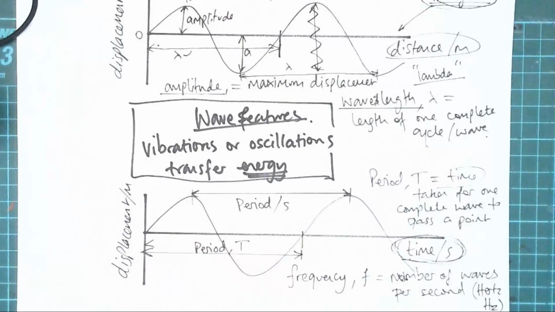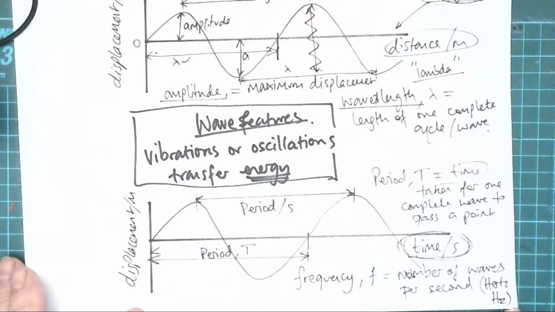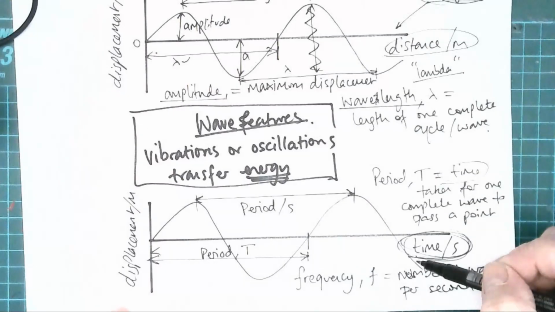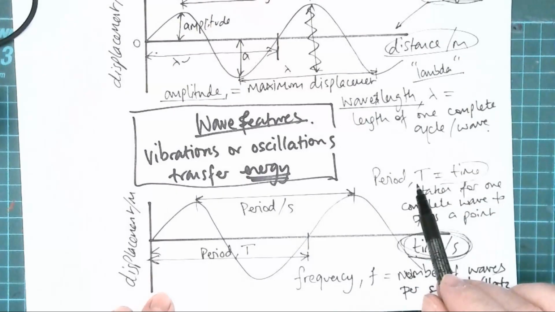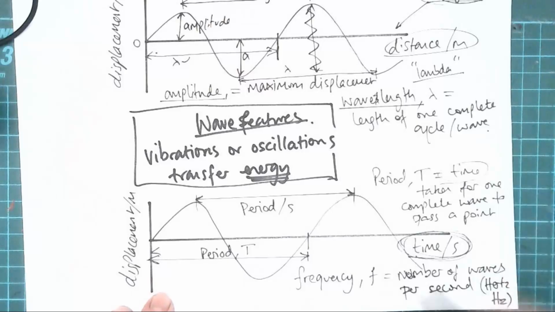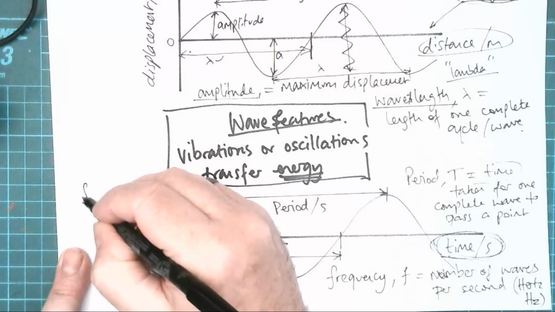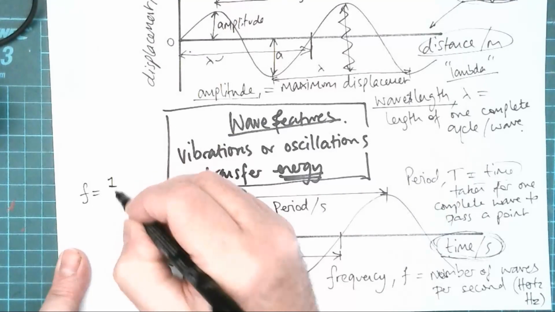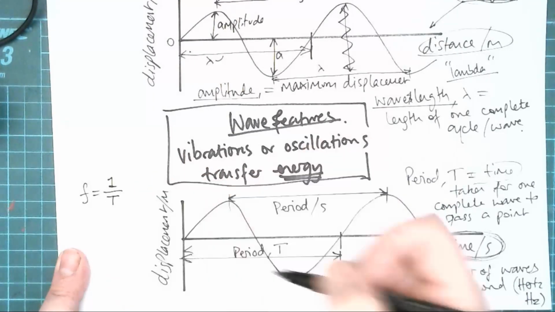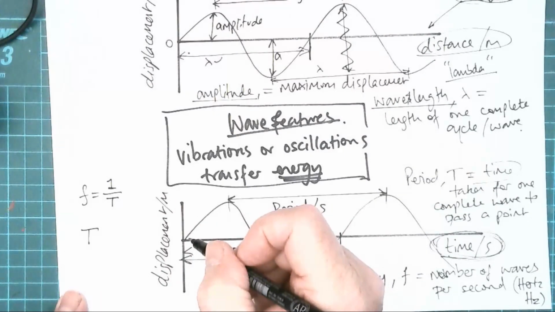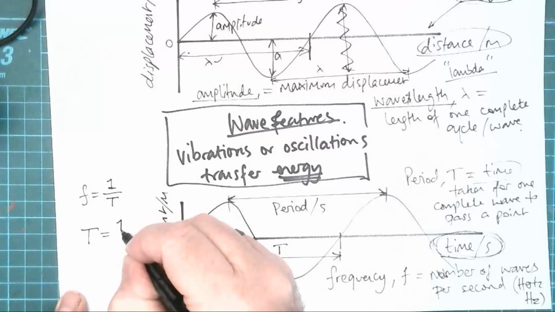All right, we can link these two things together. They're quite similar, okay, which makes them confusing, so be careful. All right, period, capital T, is a measurement of time. Frequency is the number of waves per second. Okay, in terms of equations, frequency can be defined as 1 divided by capital T. We can rearrange that, so we've got capital T, which is period, is the same thing as 1 divided by the frequency.